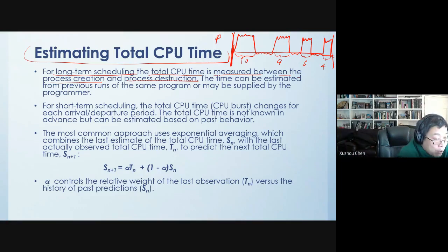So from the creation to the destruction of the process, that's the total CPU time. That's for the long-term scheduling. But the long-term scheduling only measures the overall CPU time, from creation to destruction.